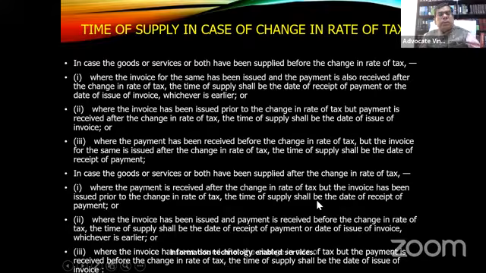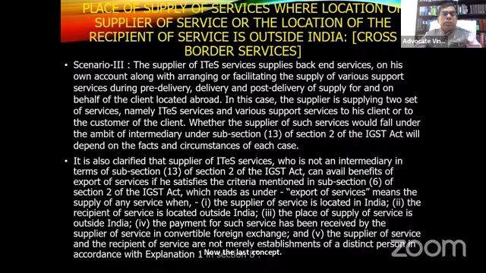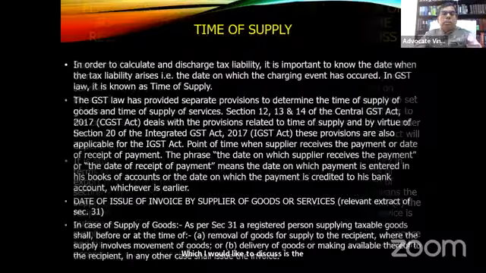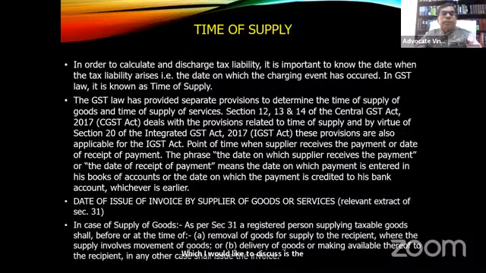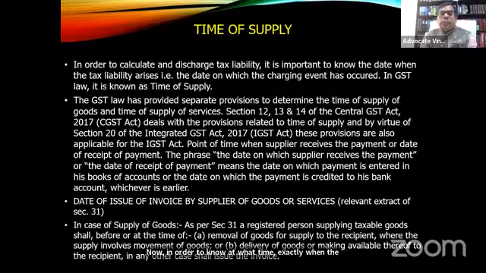Now, the last concept which I would like to discuss is the time of supply. In order to know at what time exactly the tax liability is to be discharged, it is essential to know the time of supply.